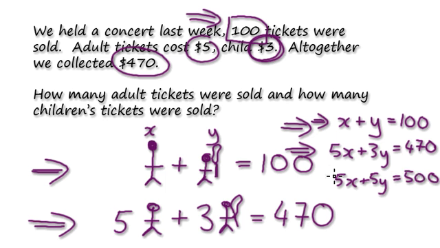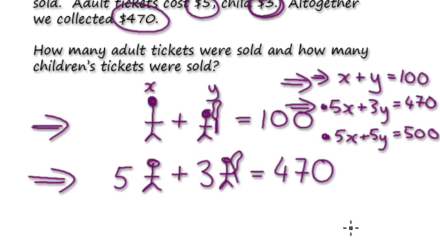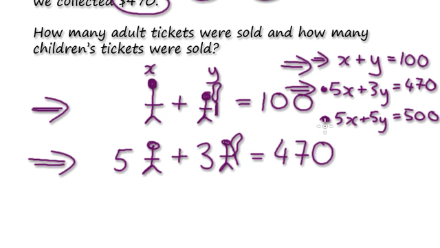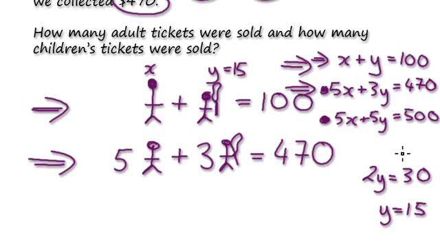Now let's get this equation, take away this equation, so that will be 2y equals, and then 500 take away 470, so that would be 30. And then divide both sides by 2, so y equals 15. So y here represents the number of children. So there must be 15 children.